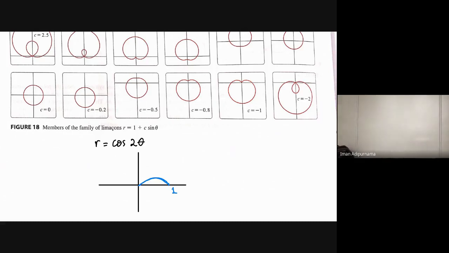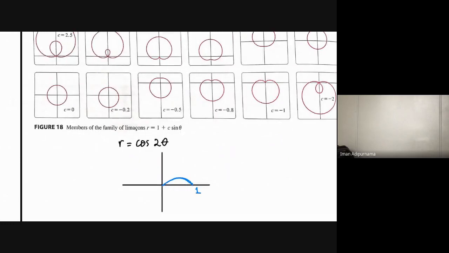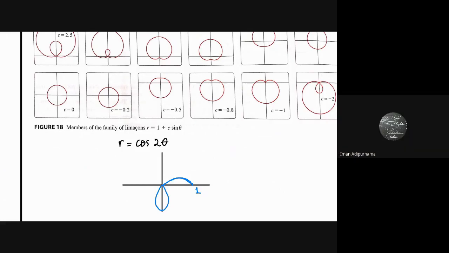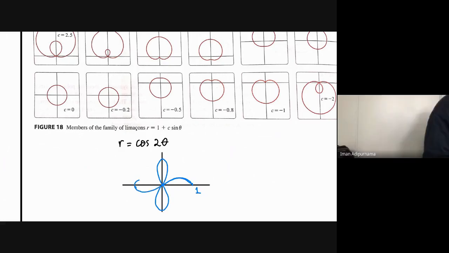And eventually, as you increase the angle, you will find that this is actually going here and going here and going here, going here, and then the last one will be going here.